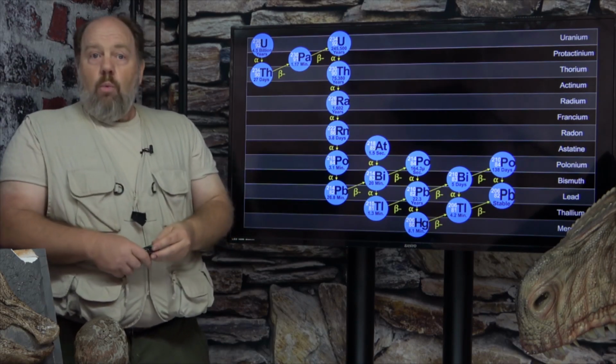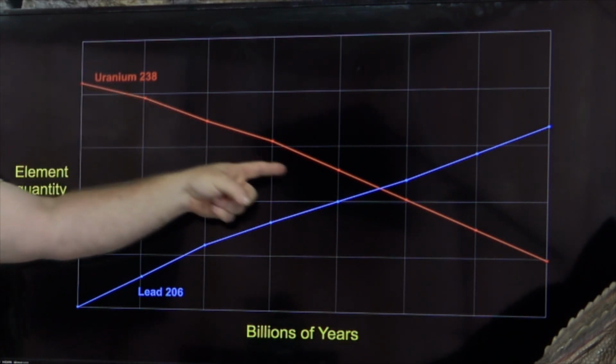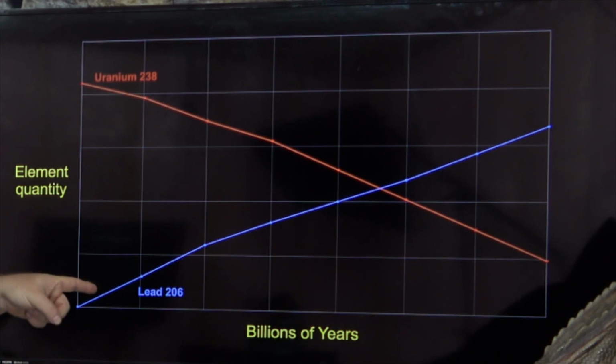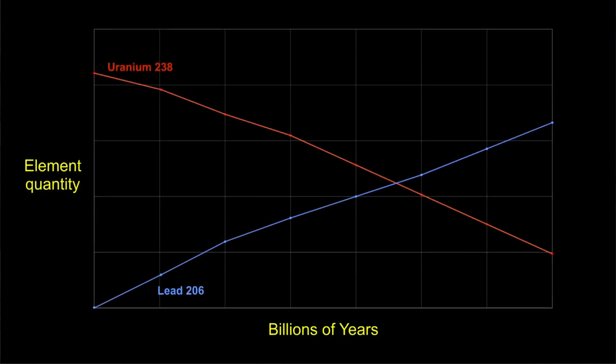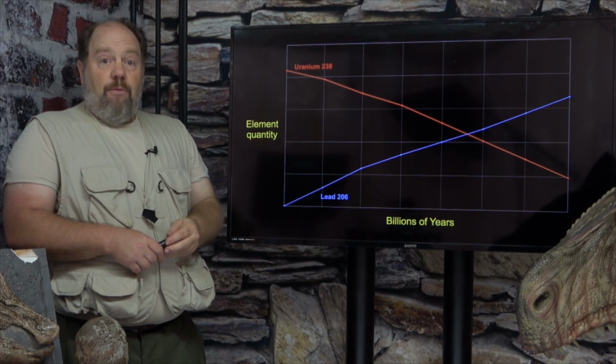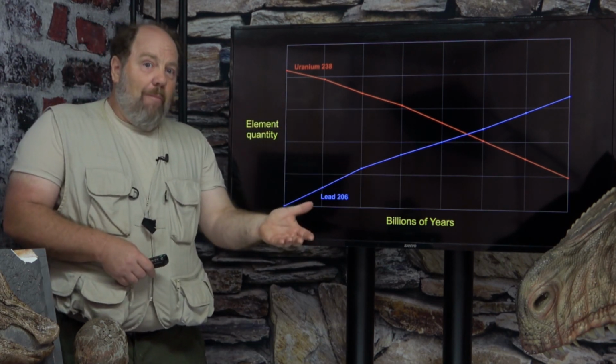A young rock will have more uranium-238, but over time, more and more of it radioactively transmutates into lead-206. So an older rock will contain more lead-206 and less uranium-238. Thus, with this graph, we can estimate the age of the rock sample.